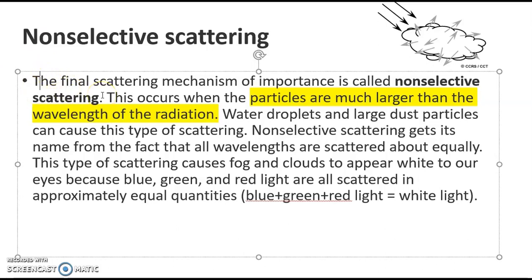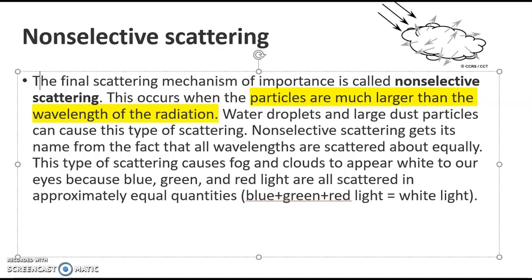White light will be seen when all the types of colors are available in your radiation. So when all these colors interact with each other, white light is produced. When blue, green and red light all get scattered in equal quantities, you will get white light. Alright, so if I ask you what is the reason the sky is blue and clouds are white?